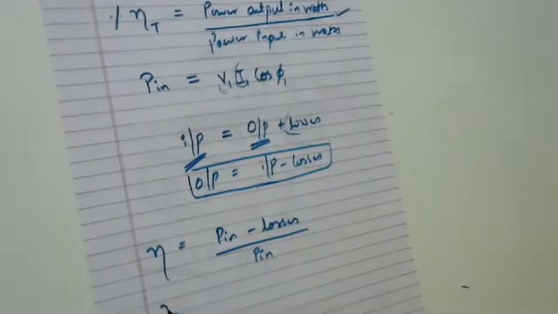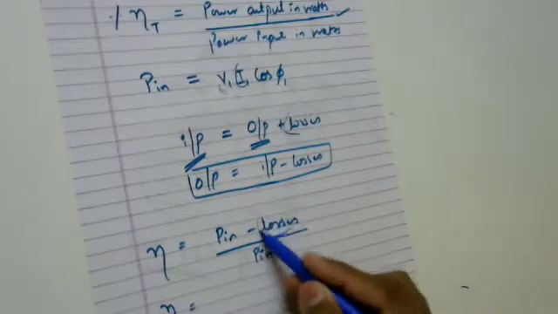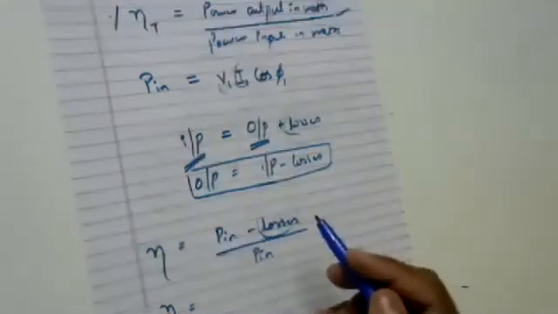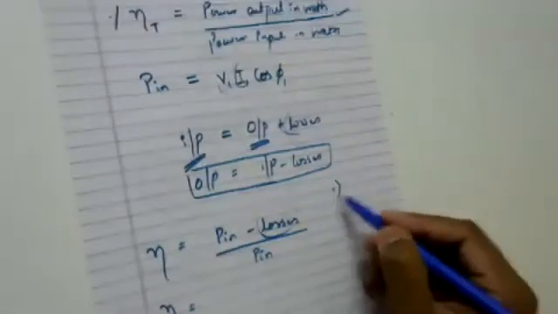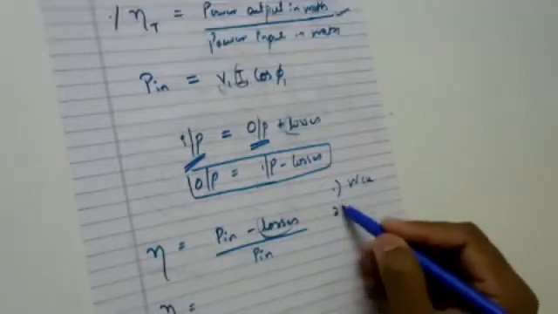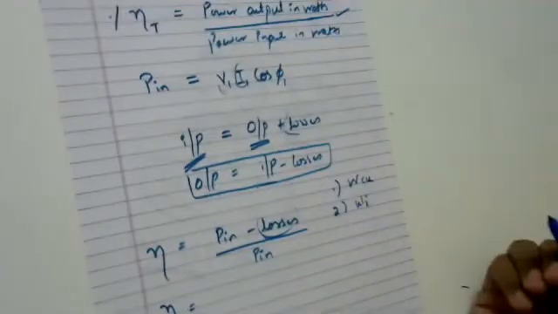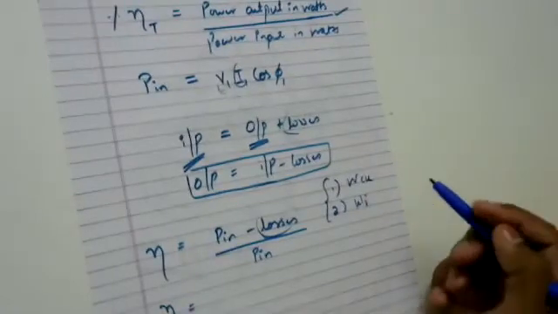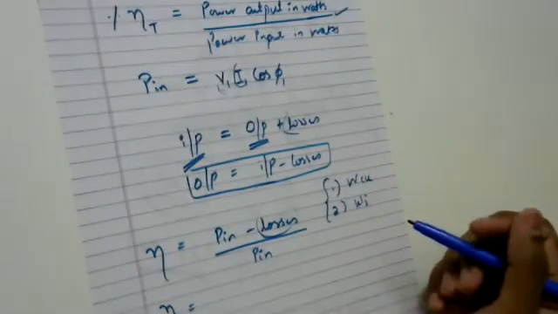Now I know that in my transformer I have two kinds of losses. One is the copper loss, WCU, and the second is the iron loss, WI. These two losses occur in my transformer.